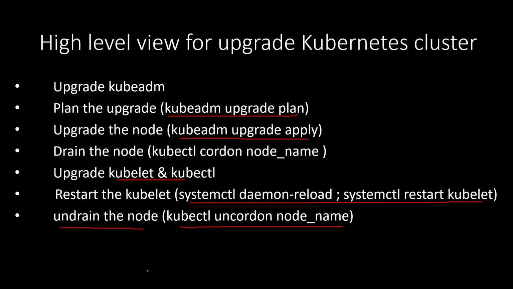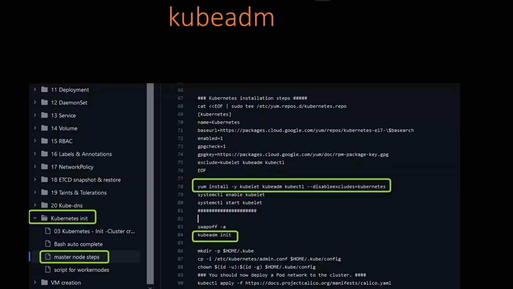So let's understand the three core components of Kubernetes, that is kubeadm, kubelet and kubectl. Kubeadm. If you go to my GitHub page and expand Kubernetes in a folder or directory, after that you will observe the master node file. If you open this file, you will observe that we first install these three packages: kubelet, kubeadm and kubectl.